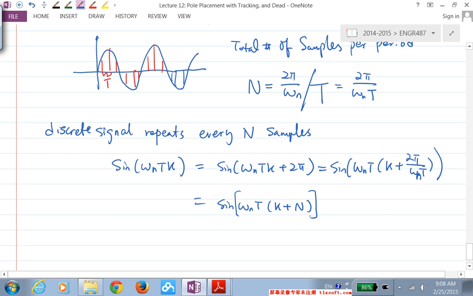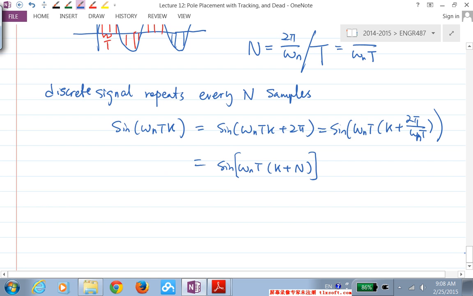The previous continuous signal repeats itself every 2 pi, and now it's repeating every N samples. So this N is like the period, but it's not the period.